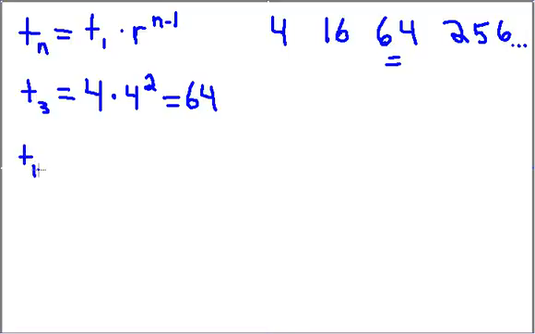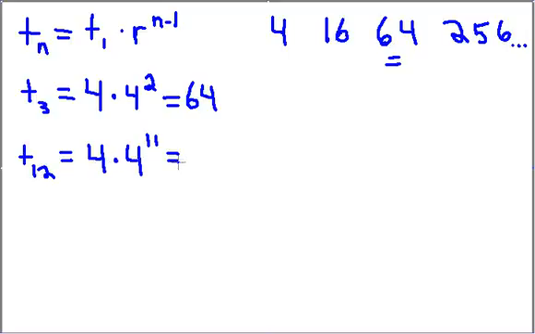In order to figure out what our 12th term is going to be, we're going to use our formula, replace n with 12, T1 is 4 again, times R, our rate, is 4, to the exponent of n minus 1. n is 12, so n minus 1 would be 11. So in this case, our 12th term is going to equal 4 times 4 to the 11th.